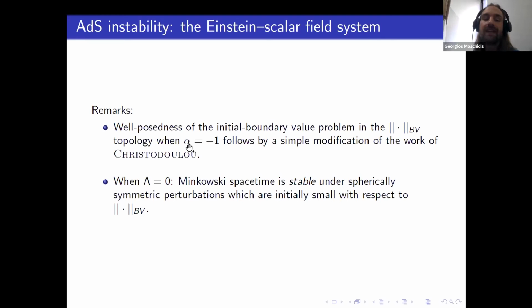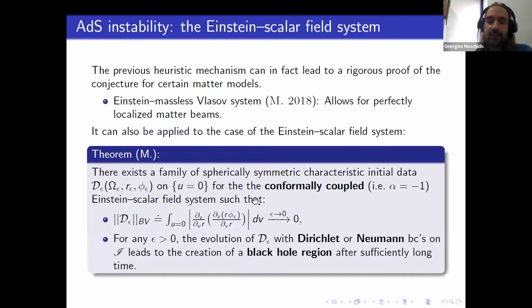And moreover, in the absence of confinement, so in the case of lambda equals 0, it follows by the work of Christodoulou that Minkowski spacetime is actually stable under spherically symmetric perturbations, which are small with respect to the BV norm, and are also localized initially. Therefore, this means that the instabilities that we're seeing here are produced, if you want, by the presence of a confining boundary at infinity.